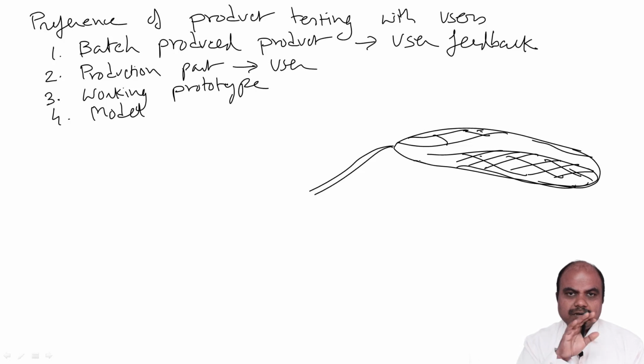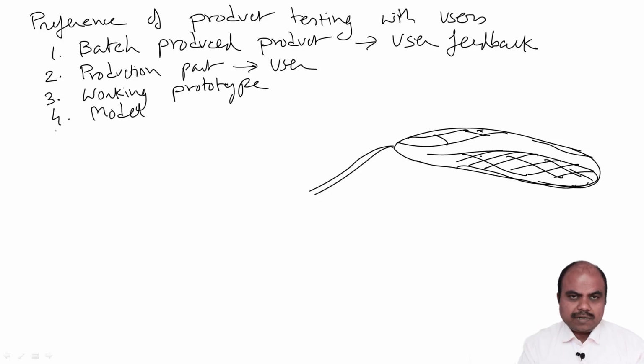If you use the mouse, it will work in the computer, you click it, it will work. But a model of the mouse is not going to work. You can feel it, but it is not a functional model. If it is a functional model, then we can tell this is a working prototype, but it's not a functional model.